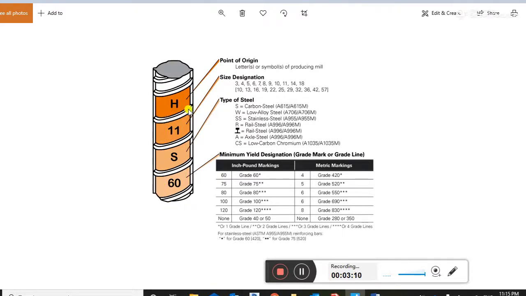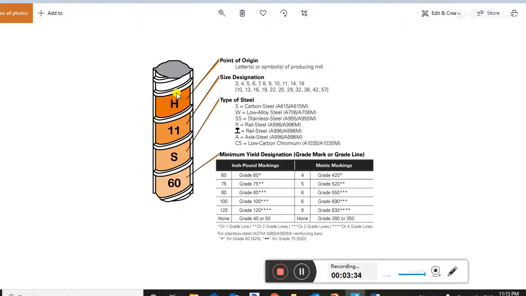Sometimes on the steel surface we see marks like H11S60. What does it indicate? Point of origin: letters or symbols of the producing mill.